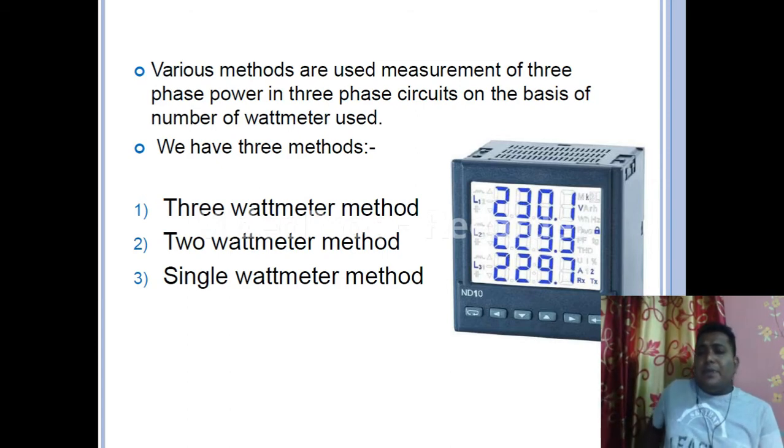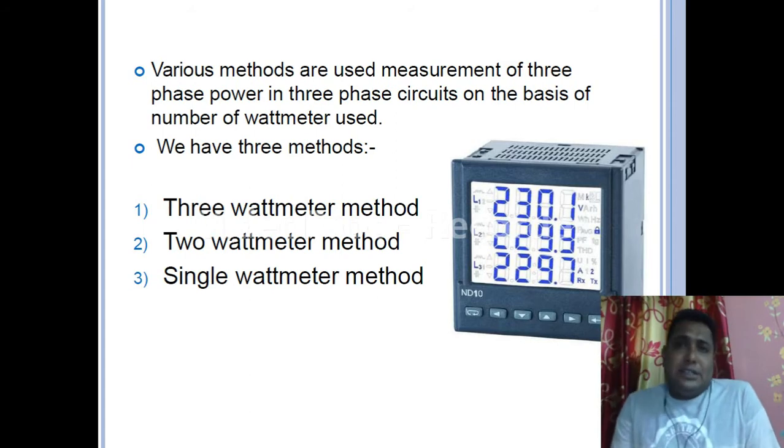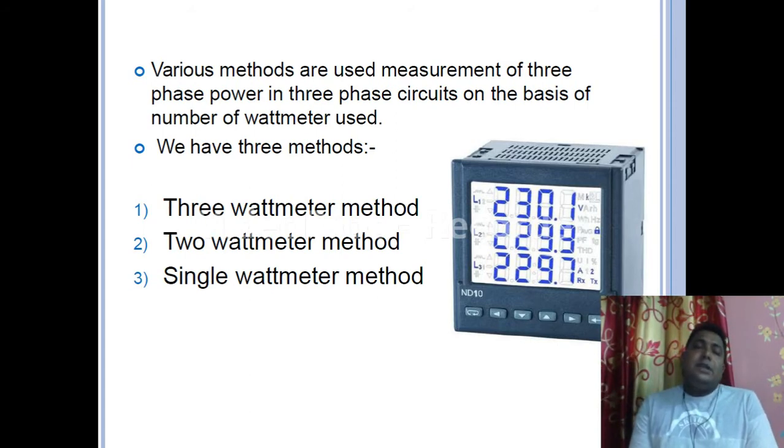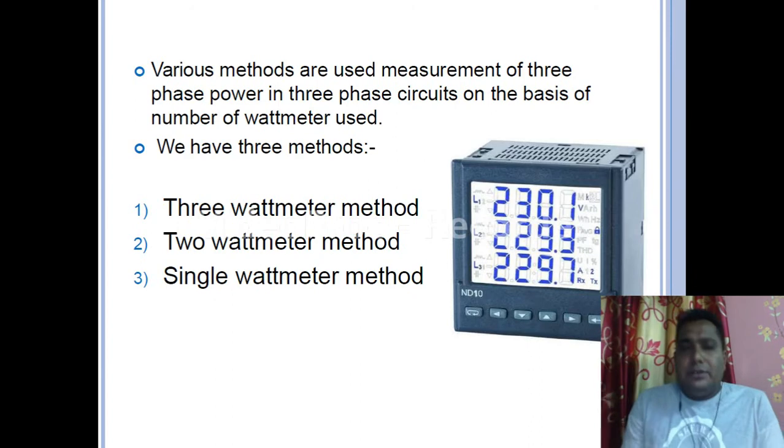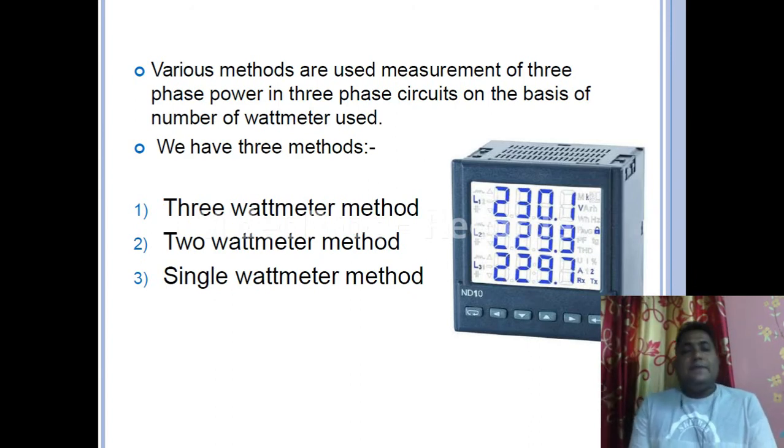As the name suggests, when we are using the 3 wattmeter method, we are going to use 3 wattmeters. The 2 wattmeter method is a method by which we measure three-phase power using 2 wattmeters. There is also a method where we have a single wattmeter, and by that we measure the power of a three-phase line, a three-phase system.